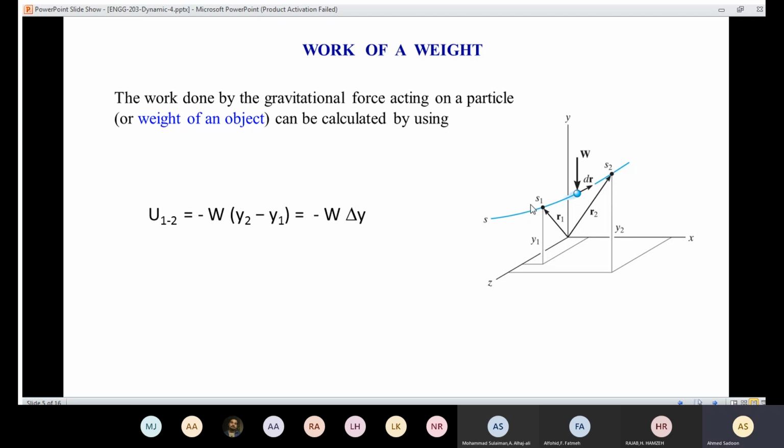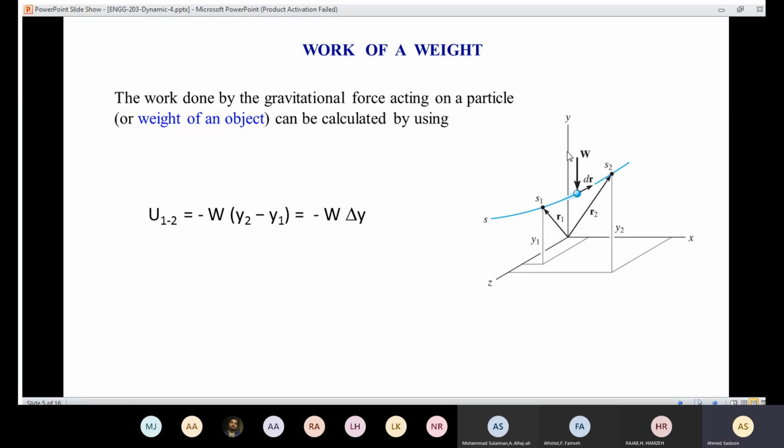We know that since the particle moved from here to here, that means I have displacement in the y direction. And the difference between y2 and y1 is going to give us the displacement in the y direction. And here we know that the weight is going to act down.